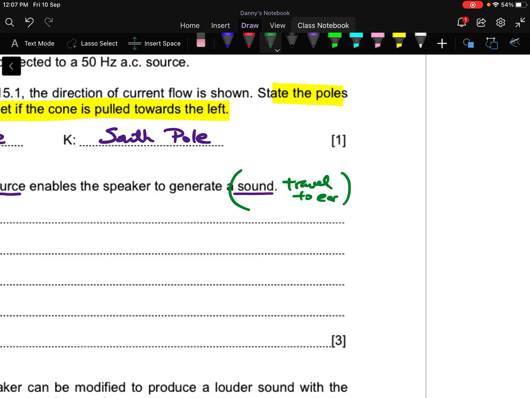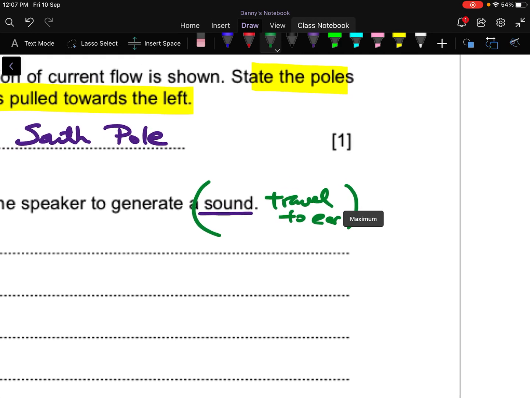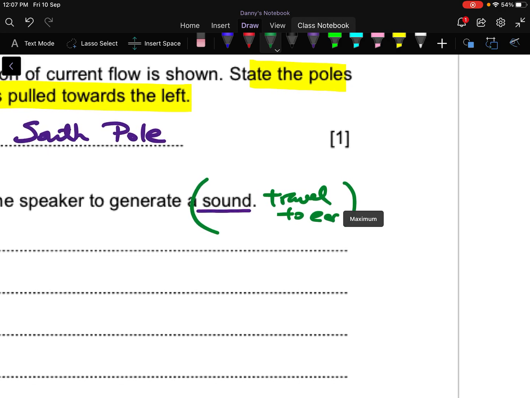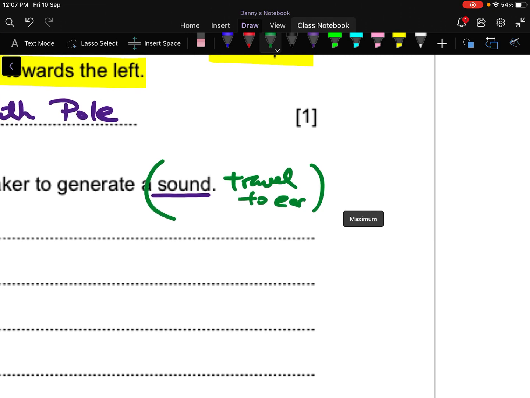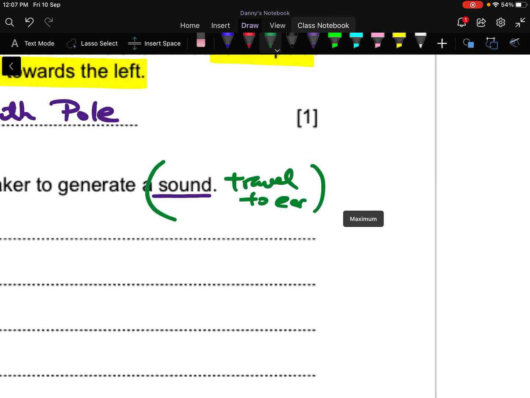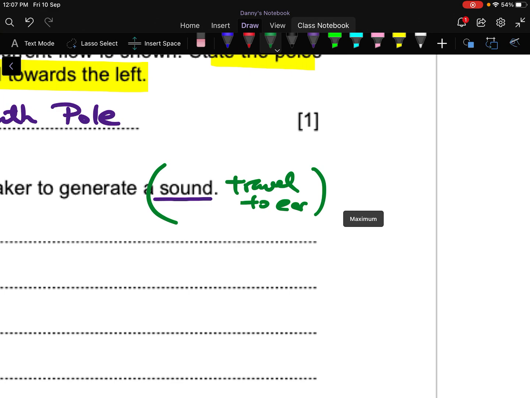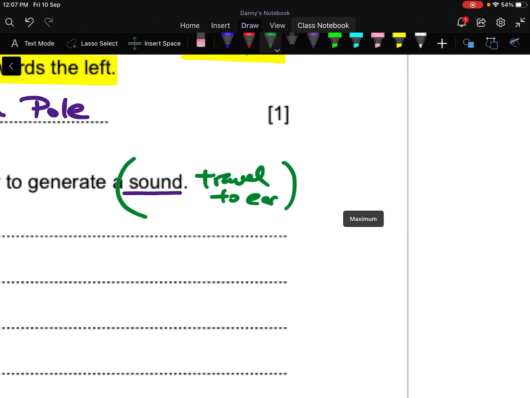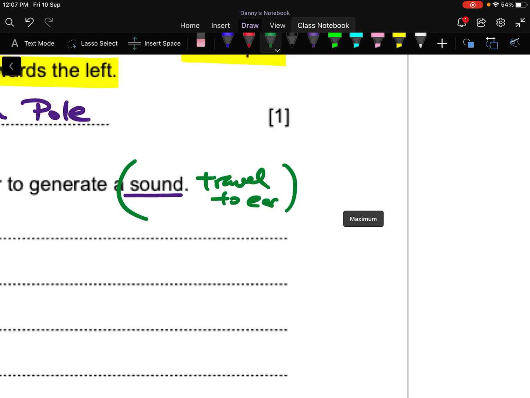So this is a totally different question. If you want to explain how sound travels to our ears, you will have to say something like, oh, it vibrates the air molecules, and the air molecules form compressions and rarefactions, and it travels to our ear as a longitudinal wave. That is if the question is asking you, please explain how sound travels from the speaker to your ear.